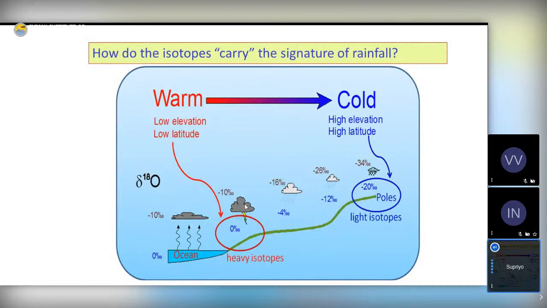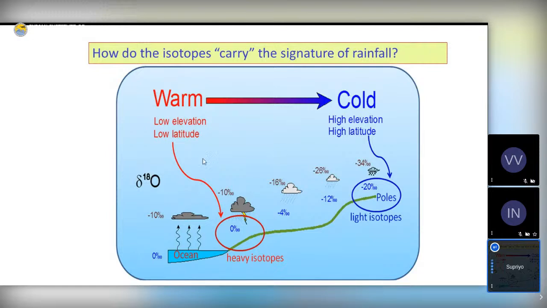So whenever there is any rainfall event, heavier isotopes will move faster into the condensed phase, and lighter isotopes will preferentially remain in the vapor phase. So the vapor gets continuously depleted in heavy isotopes.